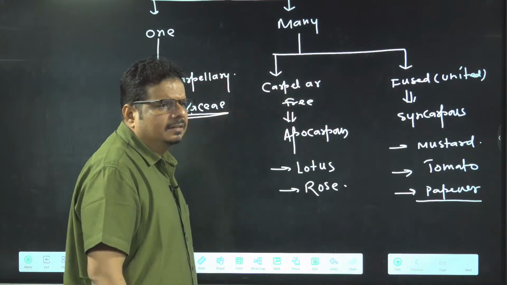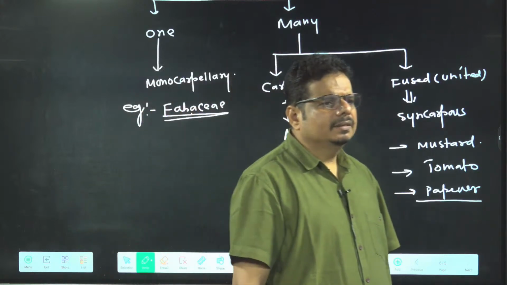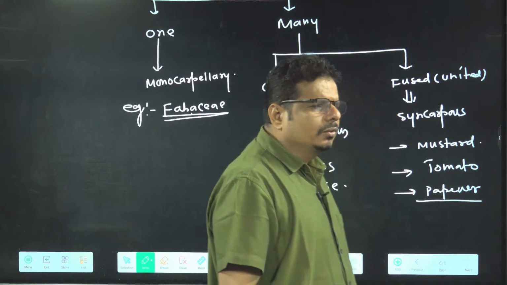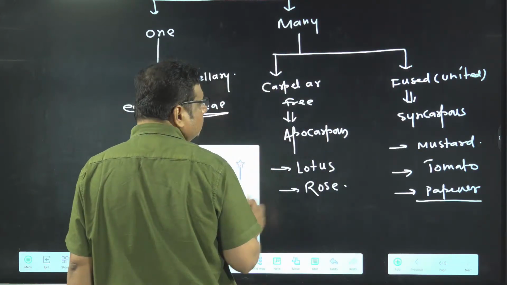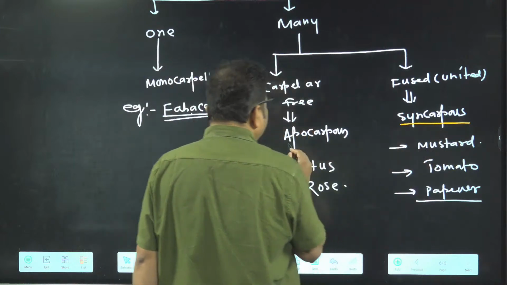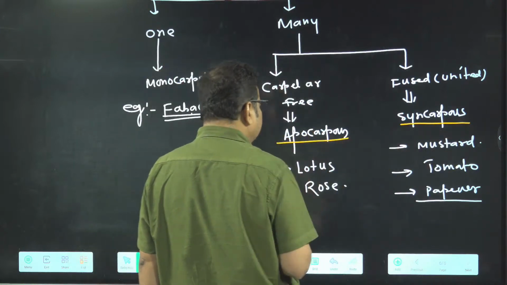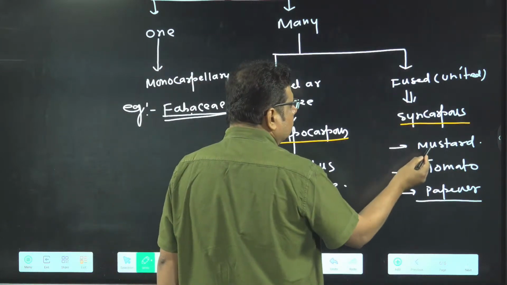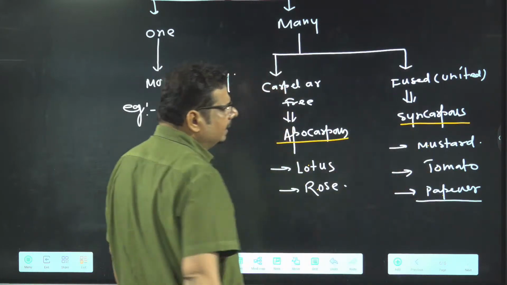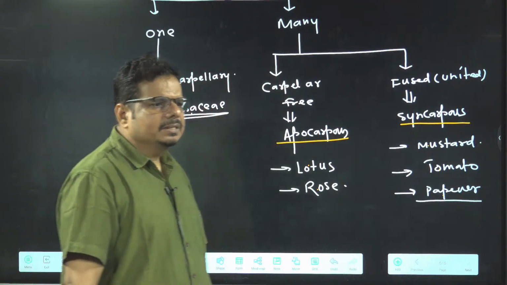Getting the things. It is an example of which one? Syncarpous. So if carpels are fused, we use the terminology syncarpous. If they are free, we use the terminology apocarpous. Apocarpous: lotus and rose. Syncarpous: mustard, tomato and papaver. Getting the things. Right. Okay.